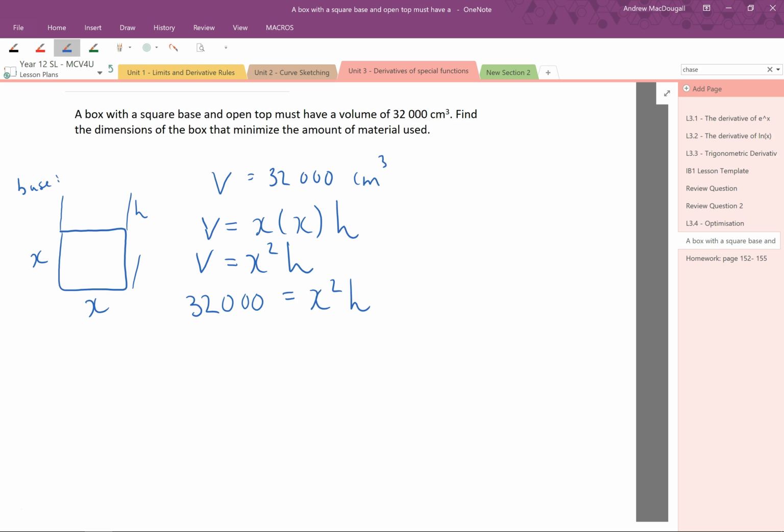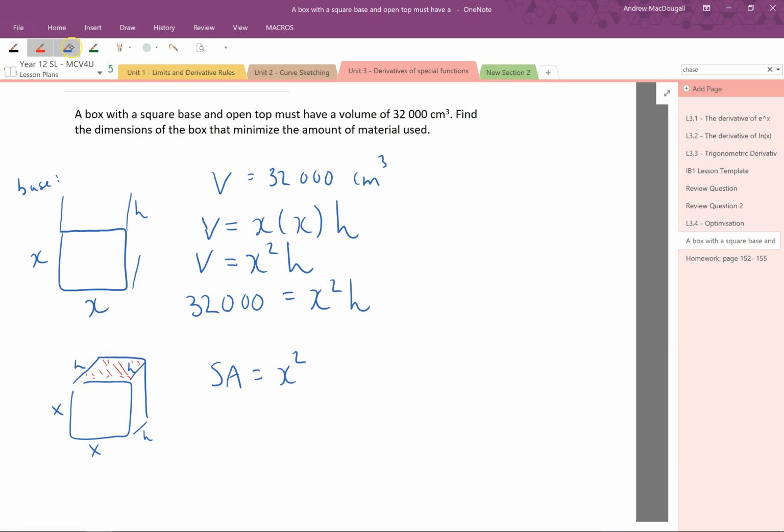So the bottom of the box, let's think of our box, this is the bottom, has area x times x, or x squared. The height, remember these are the heights. There are four sides that are exactly the same as this red side here.